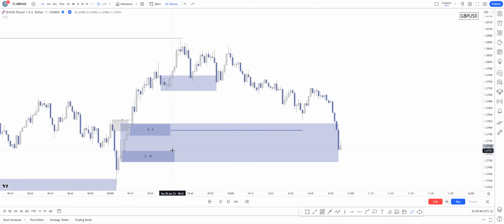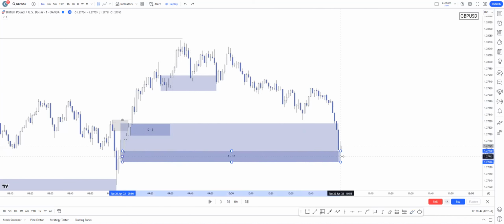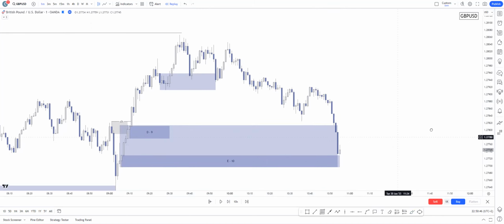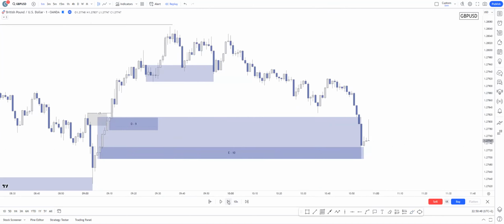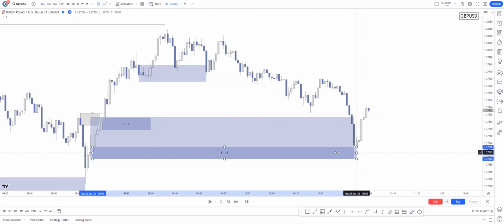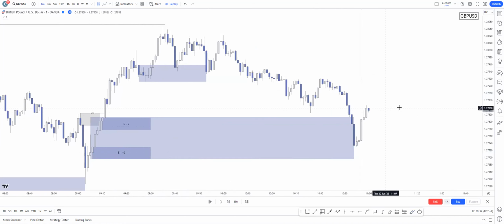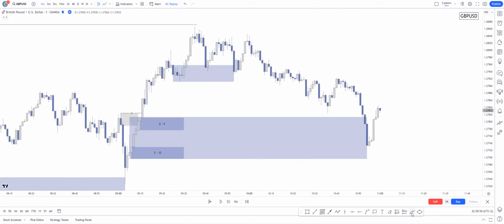But price seems to have reacted on the extreme zone. No, actually it did not mitigate it. But we have a really nice reaction after the 5-minute demand mitigation. And if price can manage to change character here to the upside, this is the last recent high point that has caused the breakout structure, we can look for longs.